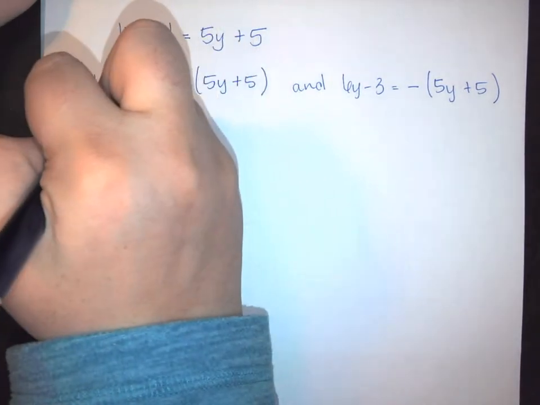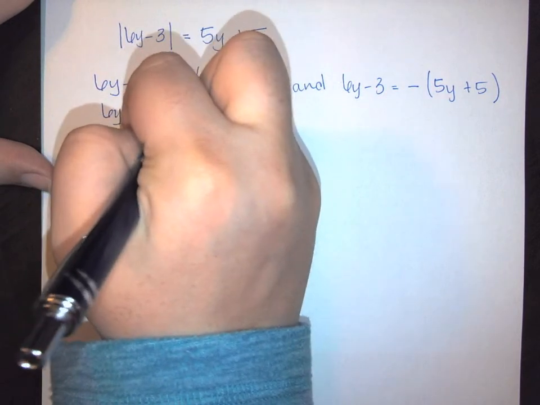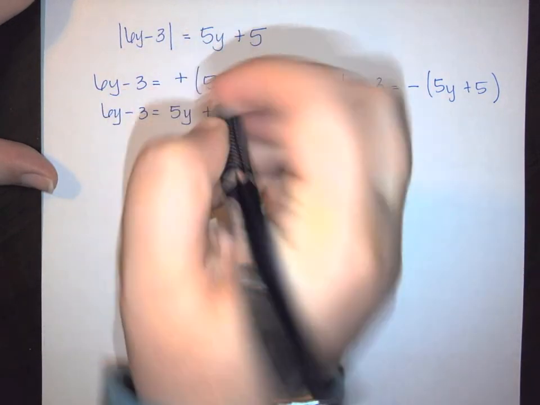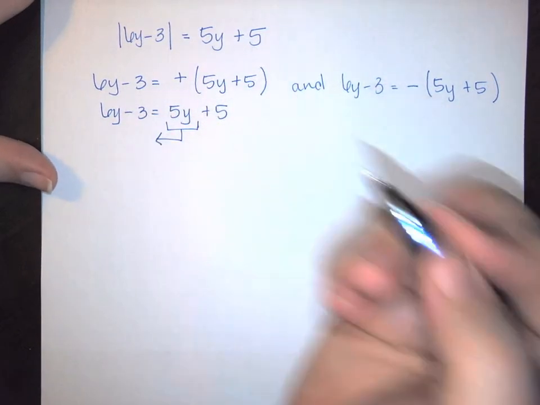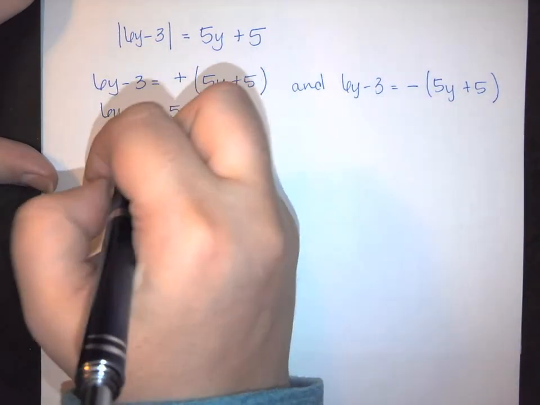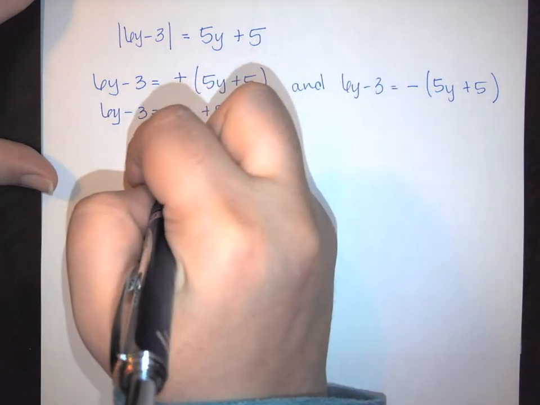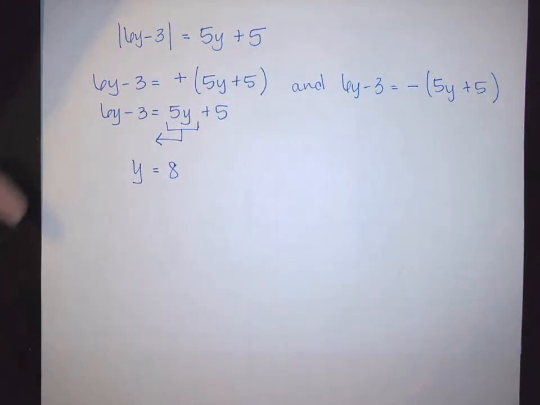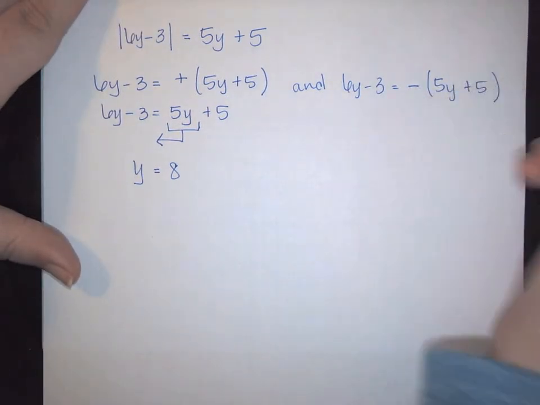So here we get 6y minus 3 equals 5y plus 5. I'm going to take my 5y and move it to the other side. So 6y minus 5y gives me y. I'm going to take my 3 and move it. 5 plus 3 is 8. There's your first one. Here we have to distribute the negative.